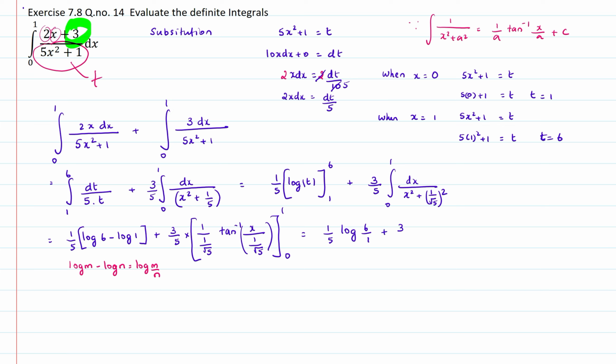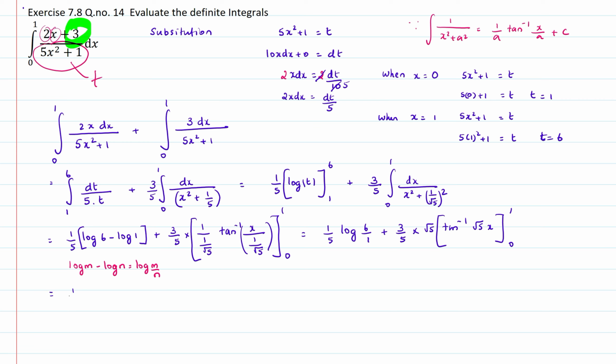Plus 3 by 5 into root 5 into tan inverse, we'll take root 5 out, so tan inverse root 5x, with limits 0 to 1.